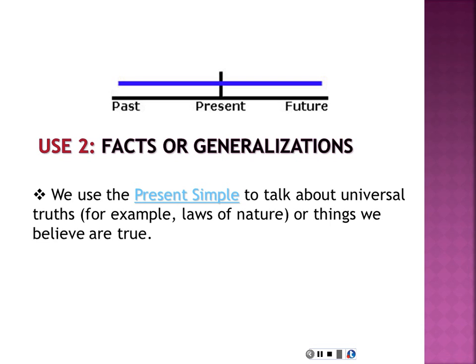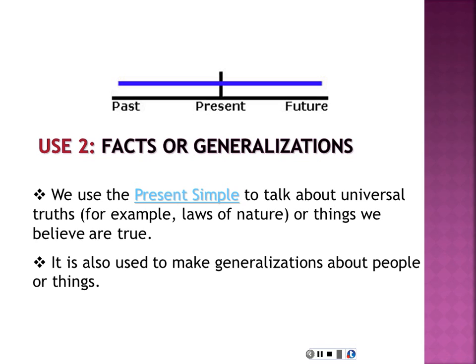So the next thing is it is also used to make generalization about people or things. For example, people in Africa do not go to school a lot. People in Africa do not go to school a lot.